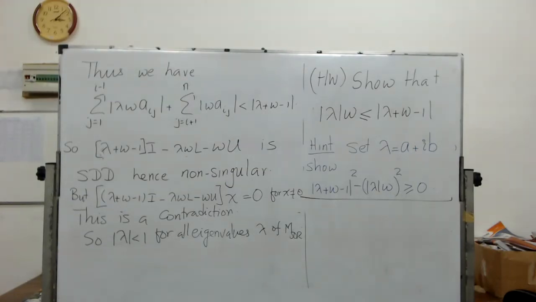So that means the absolute value of lambda must be strictly less than 1 for all eigenvalues of the iterative matrix of the SOR method.